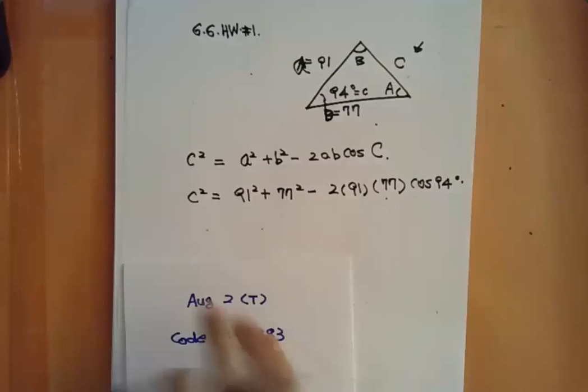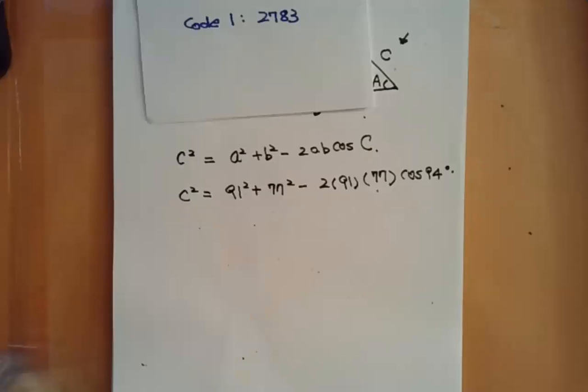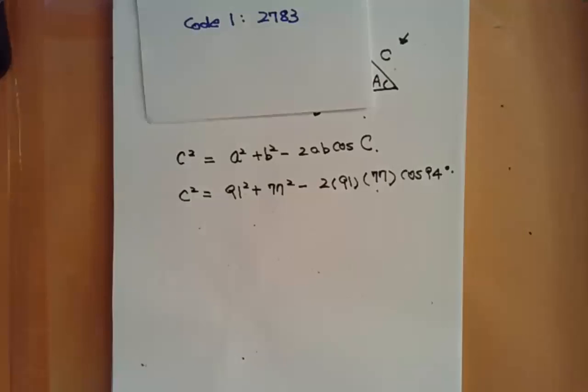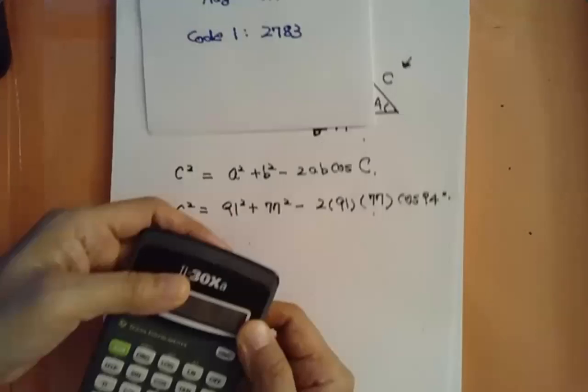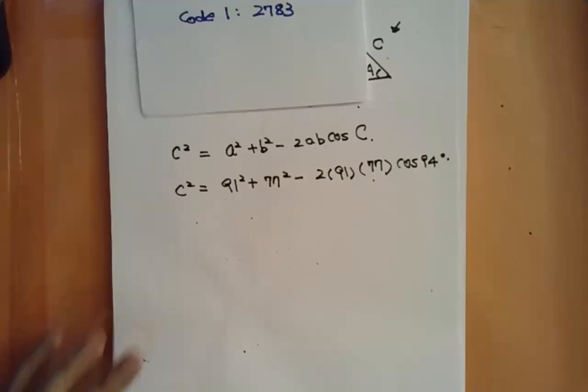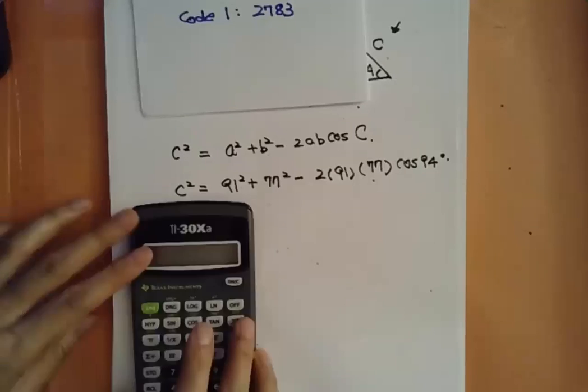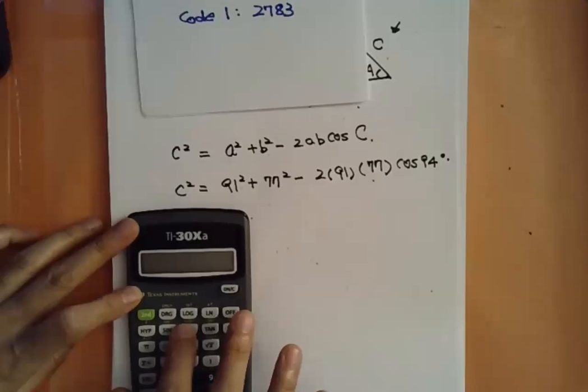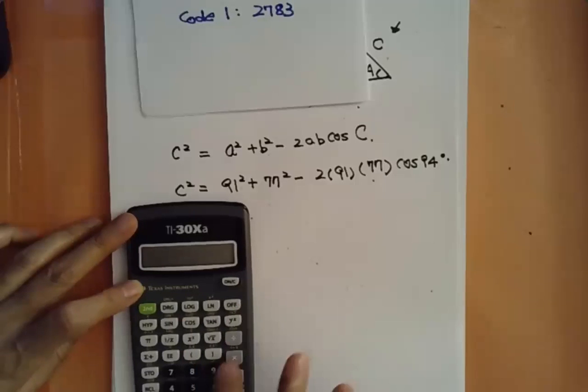So we will put this information in the calculator first. Unfortunately I cannot see well about the mode. So, this is degree mode. 94 degrees of cosine times 77 times 91 times 2.